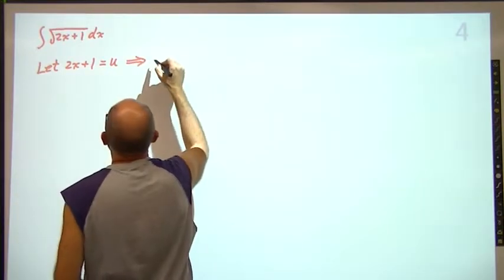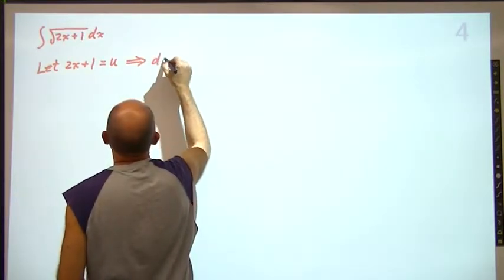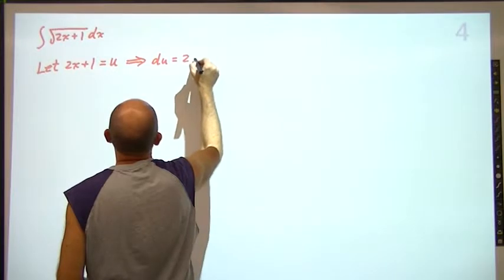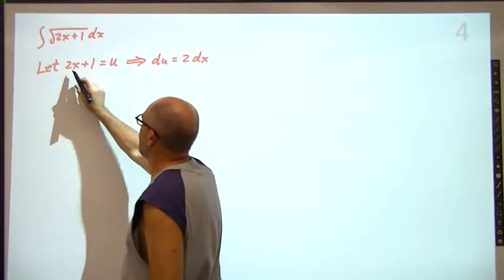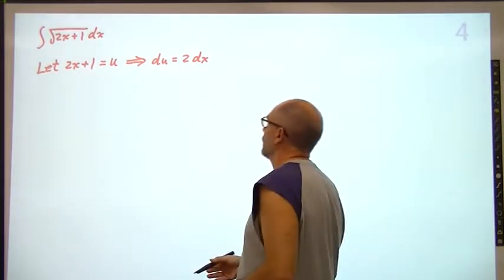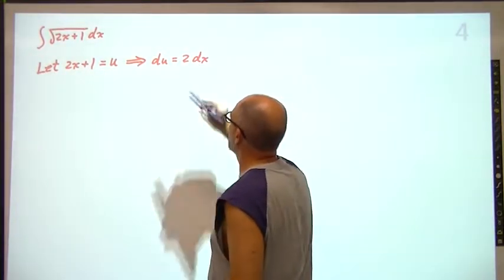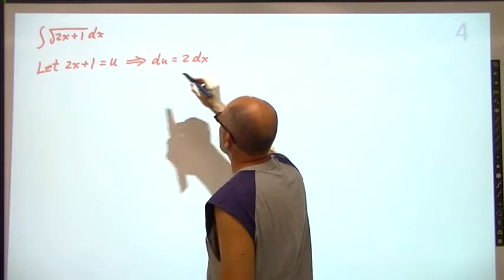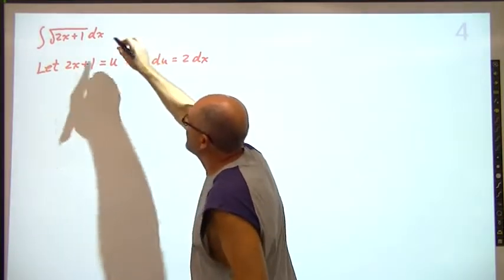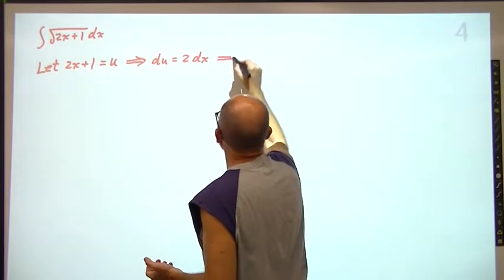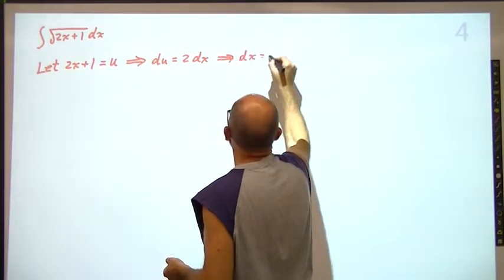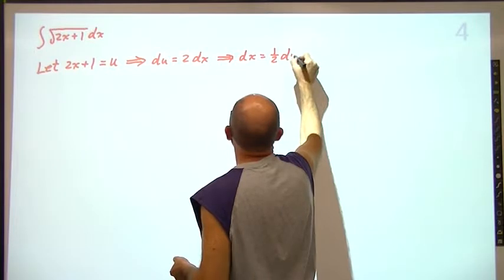And so then, that means du equals 2 dx. The derivative of 2x plus 1 is just going to be 2. Now, remember, I don't want du, I want what dx equals, because I need to substitute that. So, I'm going to say dx equals 1/2 du.